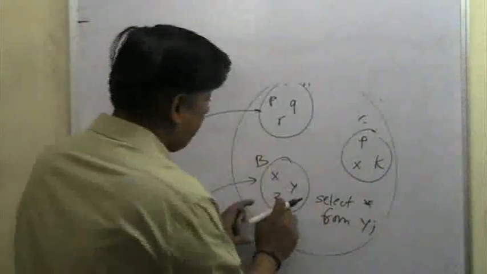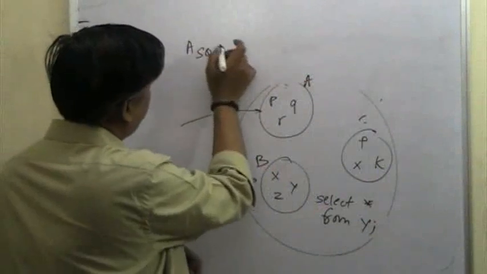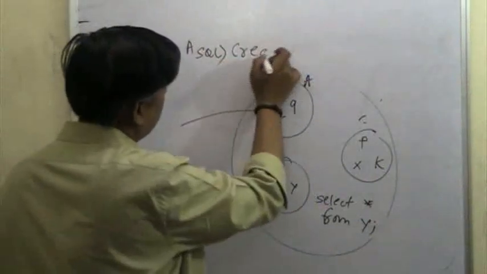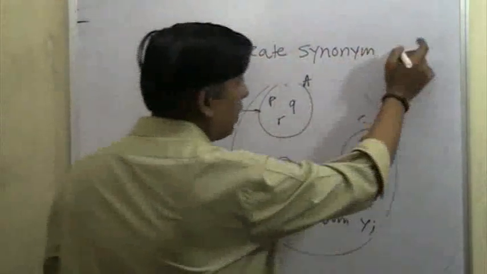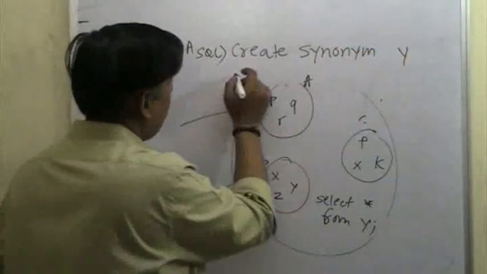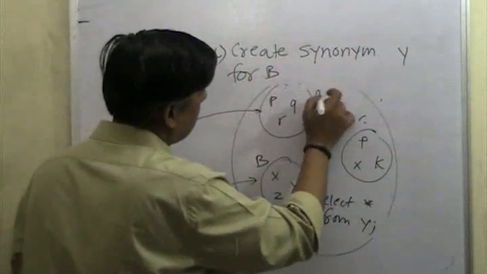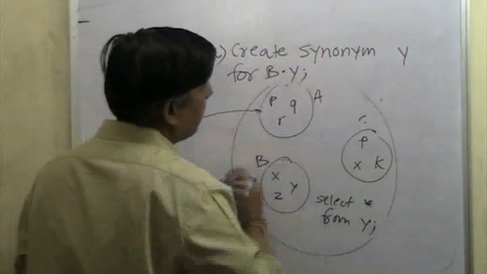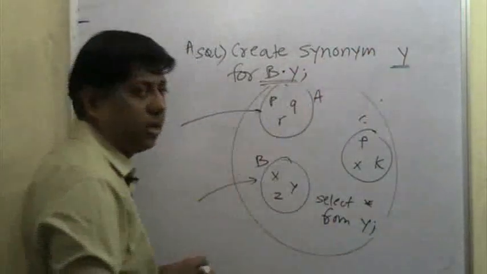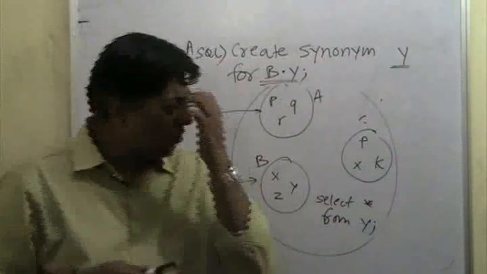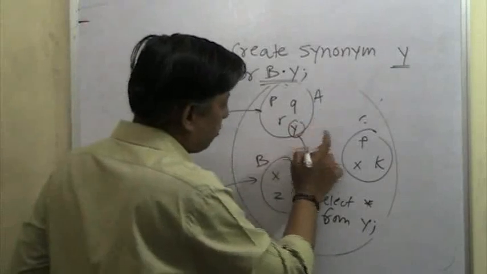Like this. User A is going to type at the SQL prompt a command called create synonym. The name of the synonym, he is going to keep it as Y only. And then he is going to type for B.Y. So that means he is creating a shortcut, a nickname, an alias, whatever you want to call it, for an object called B.Y. From this point onward, this is just a synonym which is pointing to this.